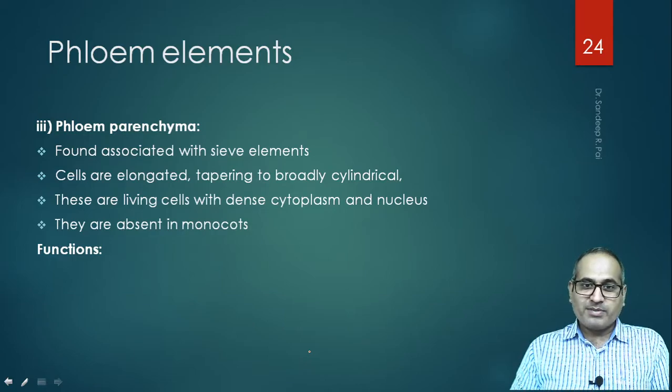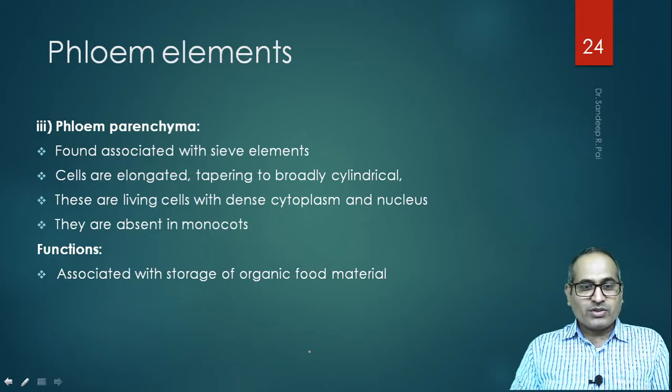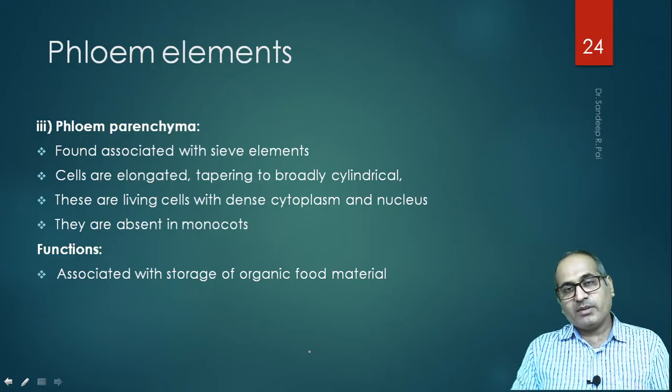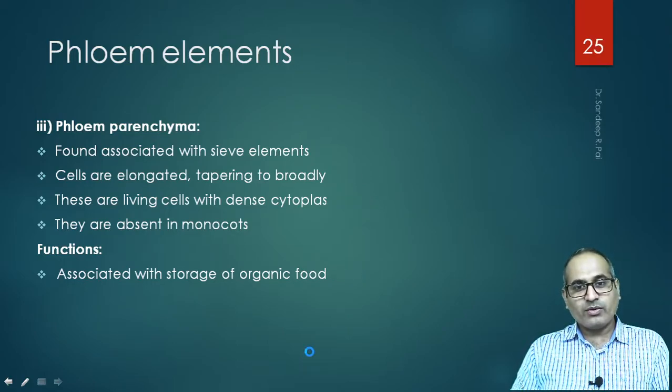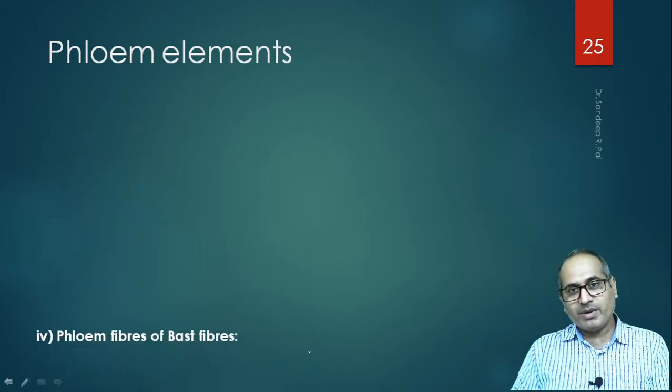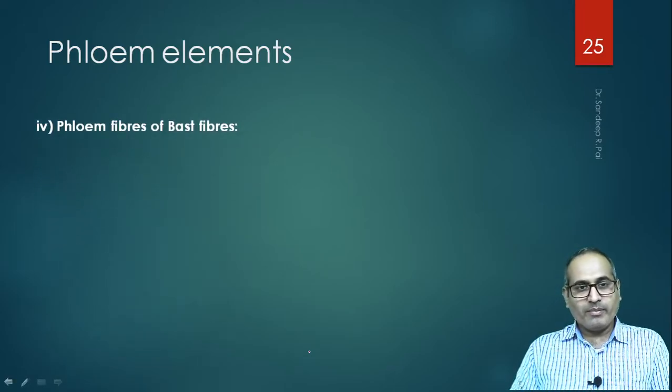Phloem parenchyma is associated with storage of organic food material. So in the case of phloem parenchyma, the tissue nearby the phloem elements, we see that they are associated with storage of organic food material. Whatever food is prepared will be stored in the phloem.